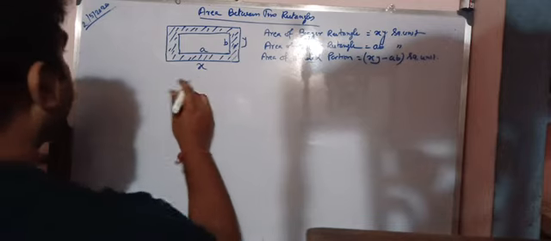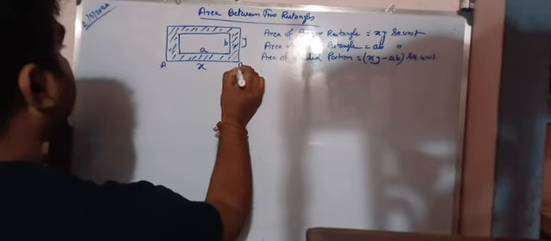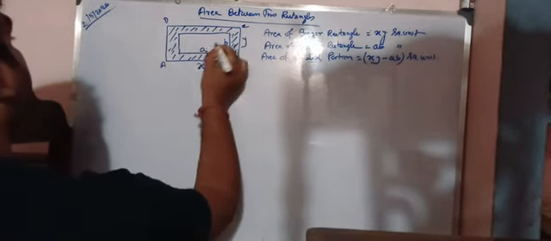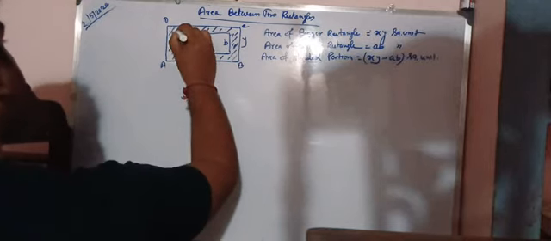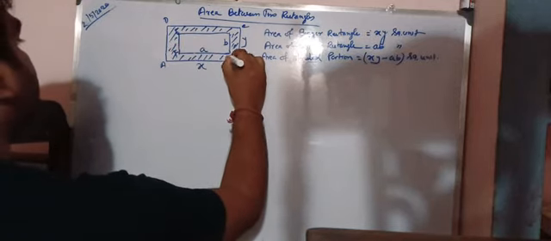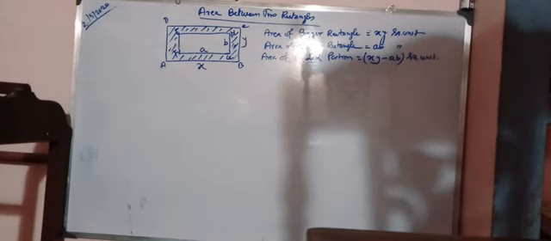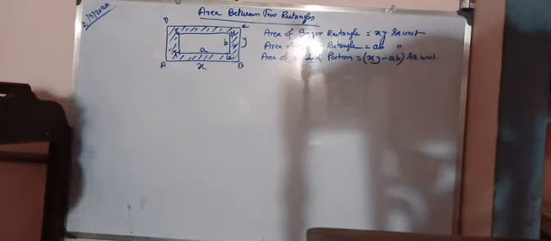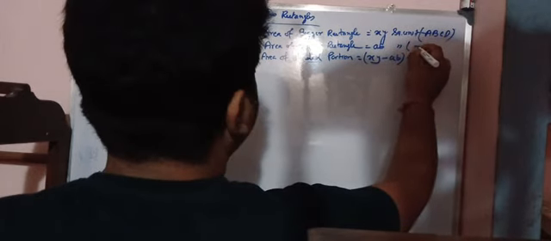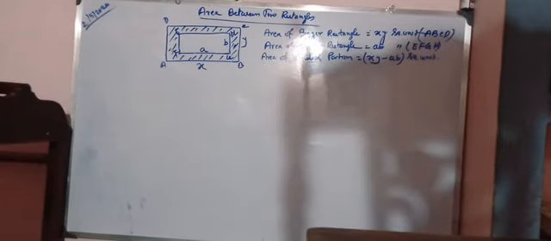So if ABCD is the bigger rectangle and EFGH is the smaller rectangle, then the area of the shaded portion is equal to area of ABCD minus area of EFGH.